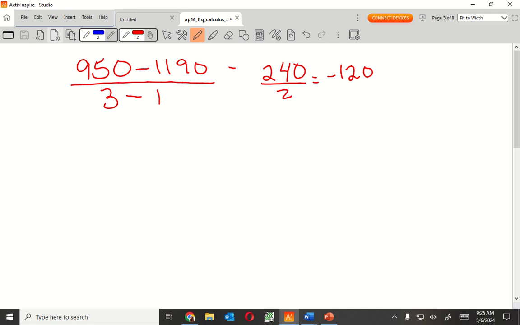Now, it's a rate of change, isn't it? So, as part of my answer, I have to label what it is. So it's negative 120 what? Denny? Liters per hour, right?